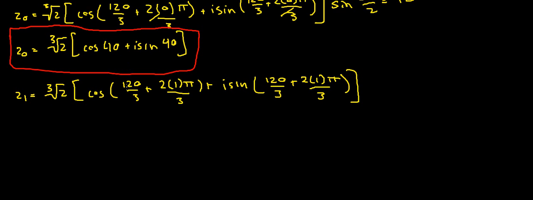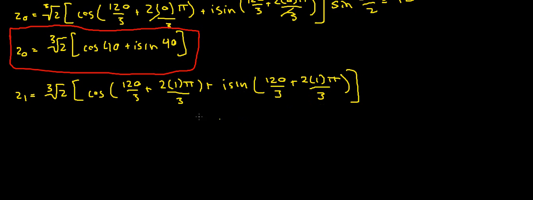So 120 divided by 3 is 40, the same as the last one. 2 pi, I'm going to convert it to degrees. 2 pi is 360 divided by 3 is 120 plus 40, 160.